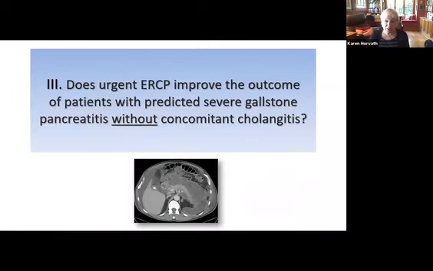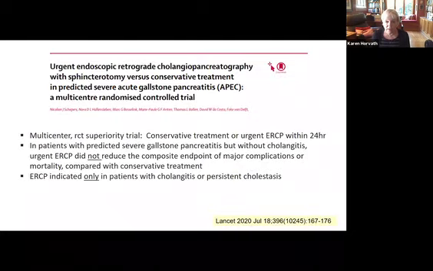So let's switch gears a little bit and say that you have a patient with severe gallstone pancreatitis in front of you, and you ask the question, is urgent ERCP going to help improve the outcome of patients who do not have cholangitis? This is another study from the Netherlands, also last year.